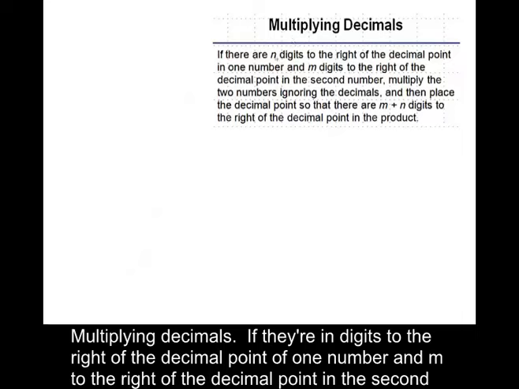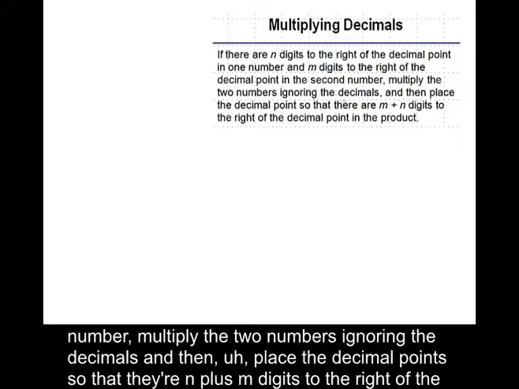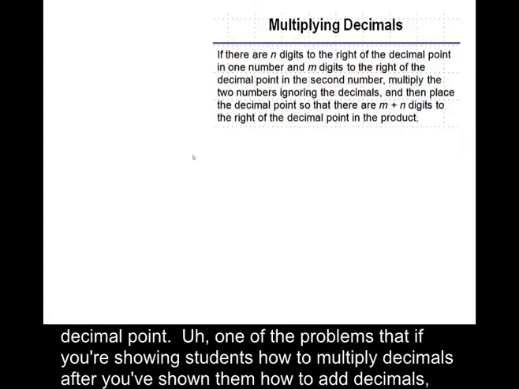Multiplying decimals, if there are n digits to the right of the decimal point in one number and m digits to the right of the decimal point in the second number, multiply the two numbers ignoring the decimals, and then place the decimal point so that there are m plus n digits to the right of the decimal point.